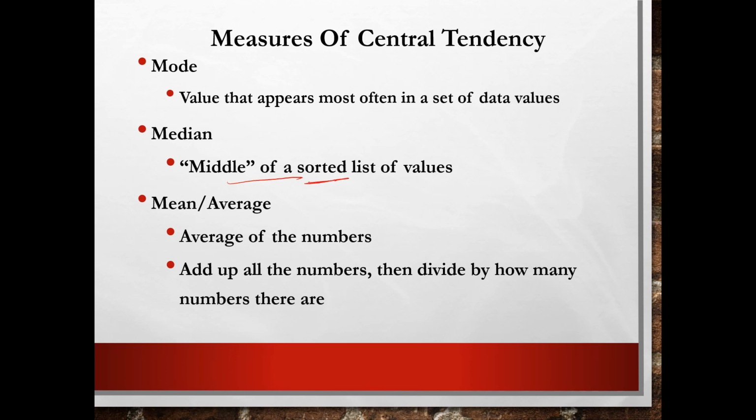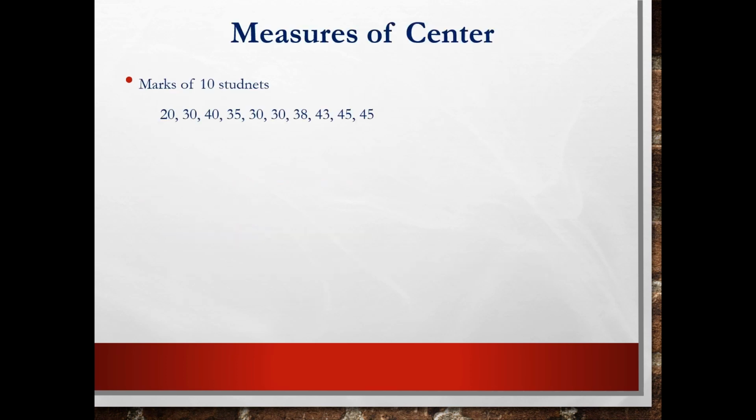That is, when you sort it in ascending or descending order, which value falls in the middle. And average is the addition of all the numbers and then dividing by the number of values you have. So that's how you calculate the mean. These are the main measurements of central tendency that you are going to learn.